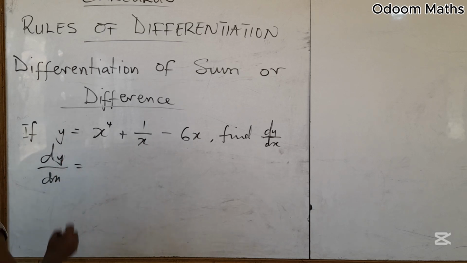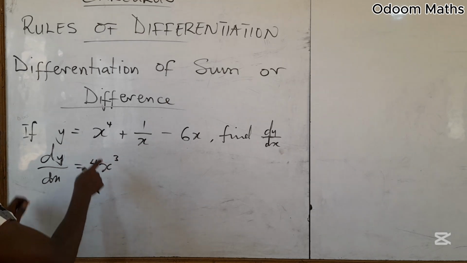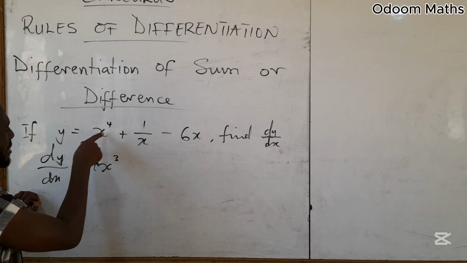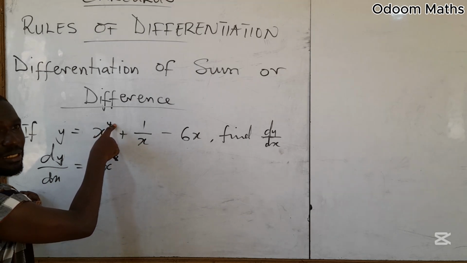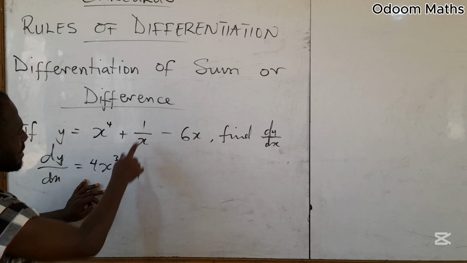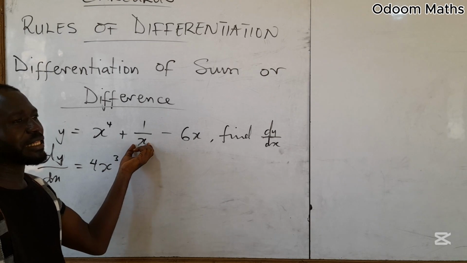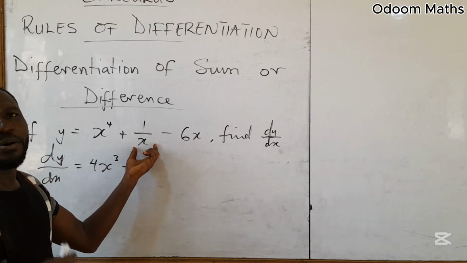So that is equal to, now we differentiate this to be 4x cubed. That is 4 times x, and then we subtract 1 from the power. So that's going to be 4x cubed. Then plus, this is going to be 1 over x squared.